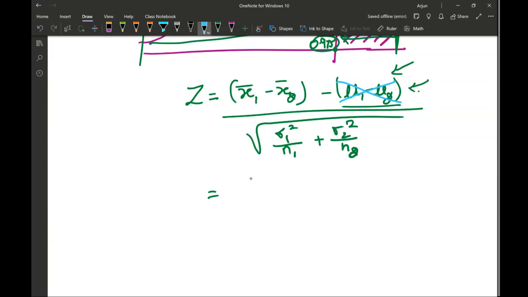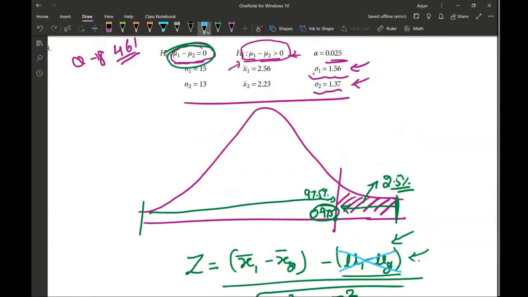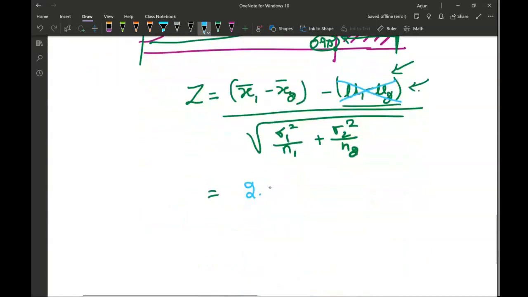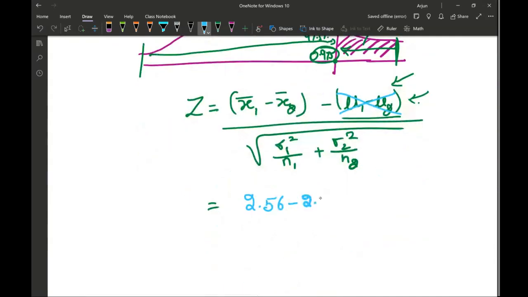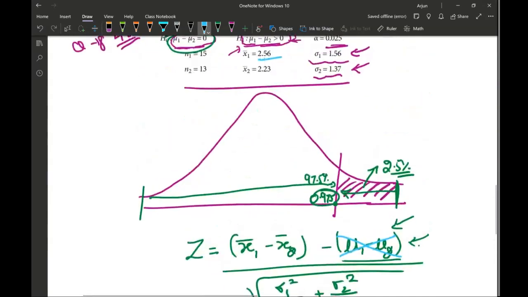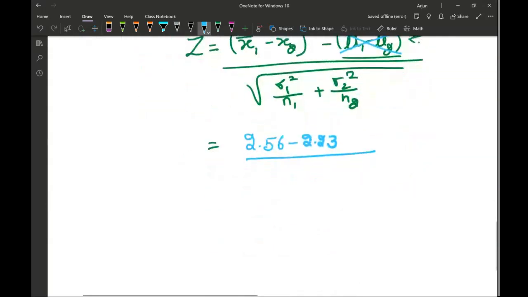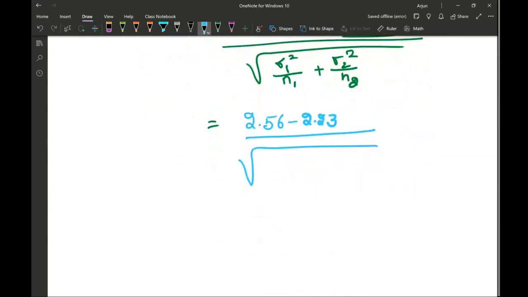Now x1 bar minus x2 bar, if I go back and look at the values, is 2.56 minus 2.23, divided by the square root of sigma 1 squared.